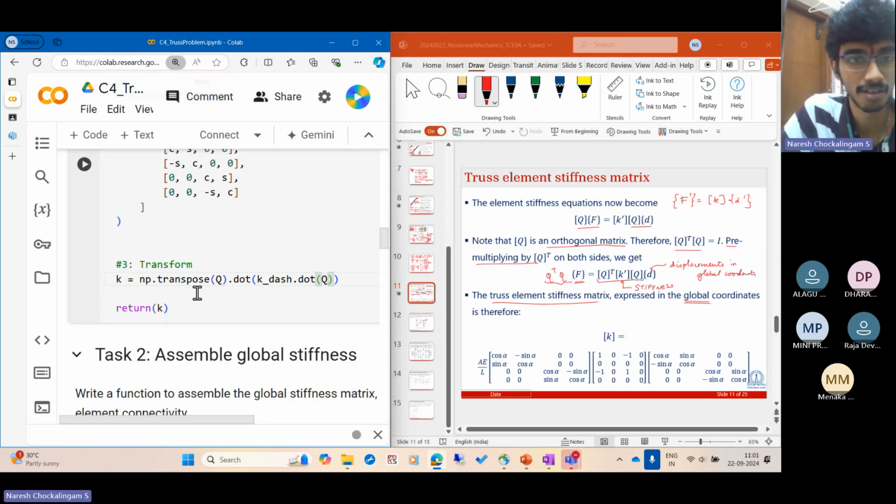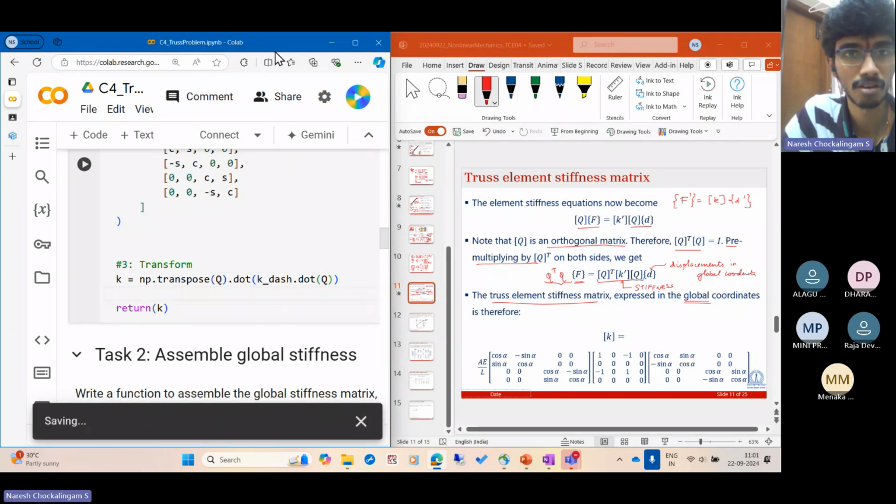So you take Q transpose, dot it with the product of K dash and Q. This looks like three things multiplied. So you multiply these two first: you do K dash dot Q first. Then to that product you dot with Q transpose on the left hand side. So this is what you're doing. So return K. Okay, very good.